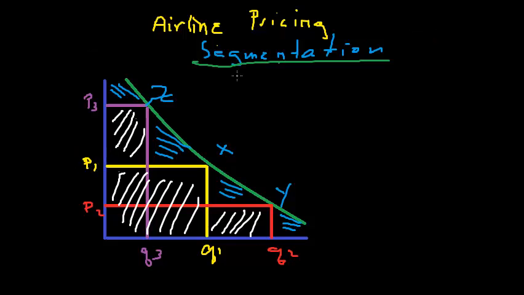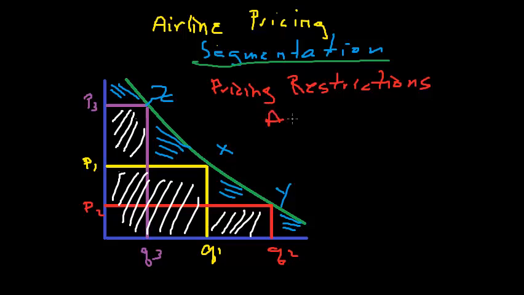And the way they do this is something that I'm sure you'll be familiar with, is they add pricing restrictions. They also call these fences. So they put fences around the lower fares so that higher fare customers won't be able to buy them. And these restrictions are the things that you see in the airlines markets all the time.